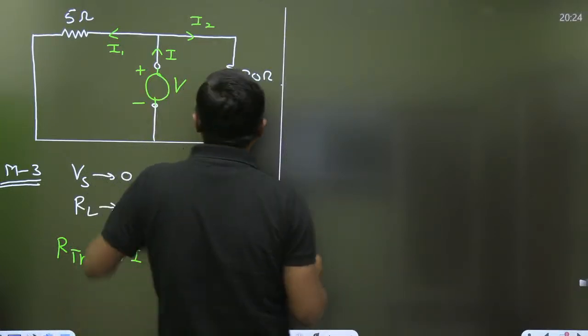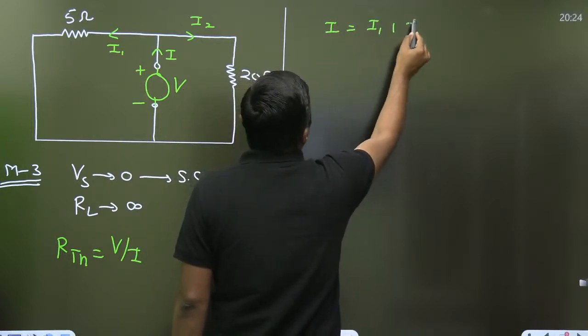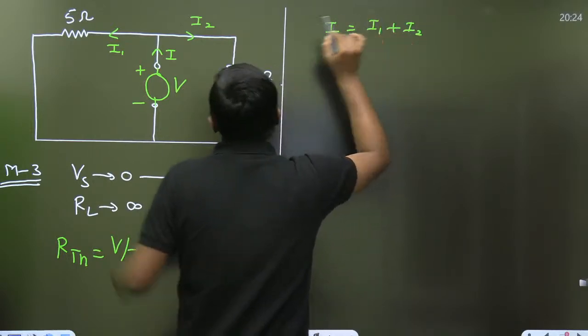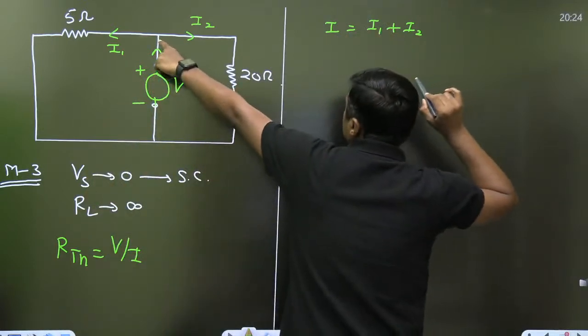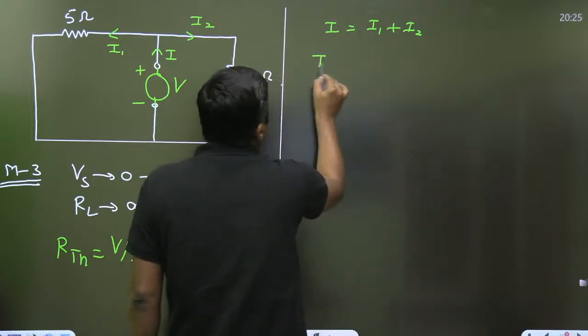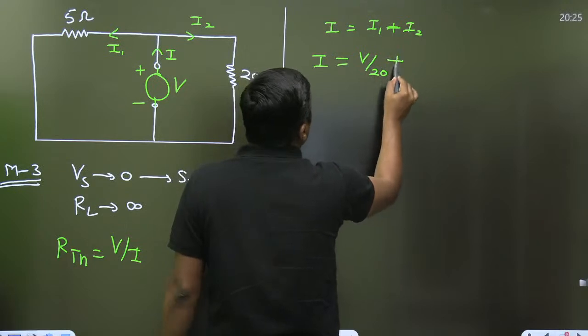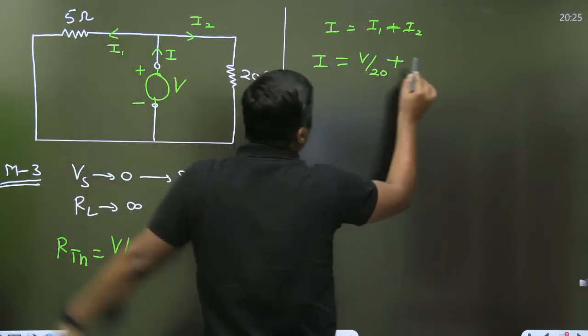How to find the V by I? I is equal to I1 plus I2. What is the I1? The voltage is V, this is the reference, so V by 20. Plus what is the I2? V divided by 5.